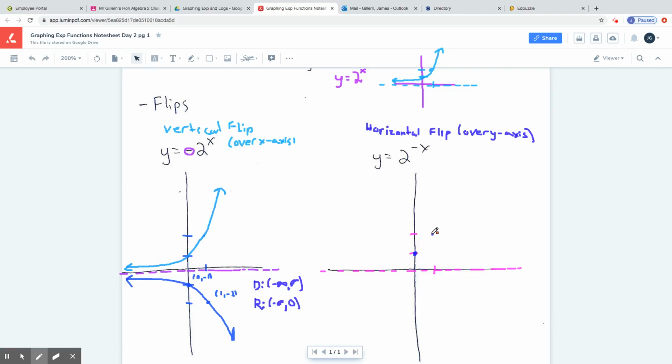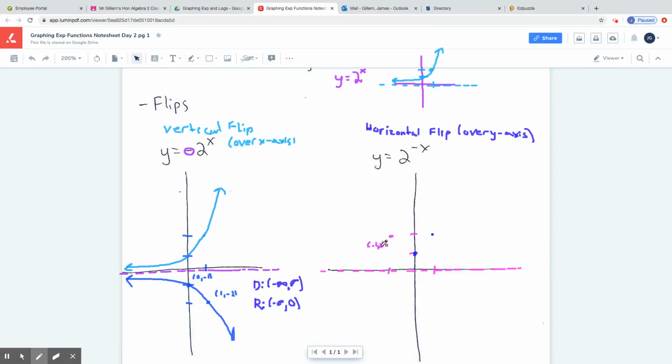The other point was at 1, 2. If I flip it over the y-axis, it's just going to move over to this side, right here at -1, 2. So it was at 1, 2, and I'm now at -1, 2.